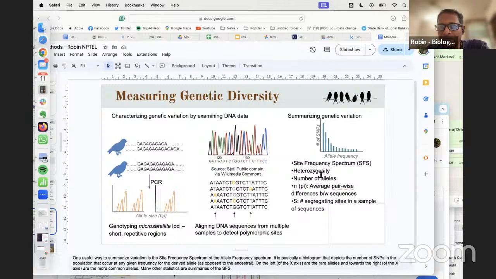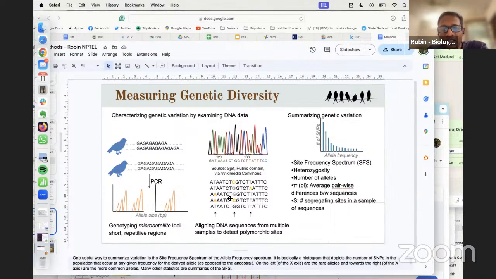And if you don't get it, but if you understood from this what alleles are, and what SNPs are, then what you have to see is how frequently these SNPs are found in the population, and that is what the site frequency spectrum is about.